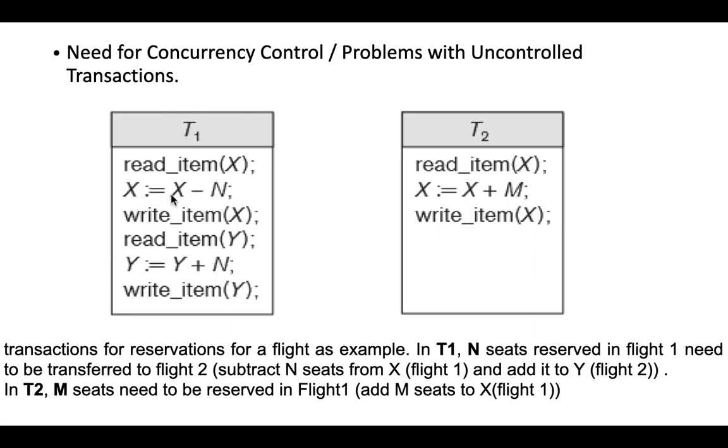Now this is just an equation. X is getting updated only when the write item X function is called; that's when this calculation is reflected on your account X. So keep that in mind: X equal to X minus N is just an equation.